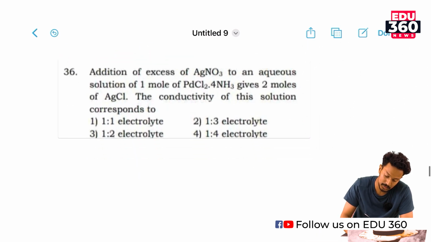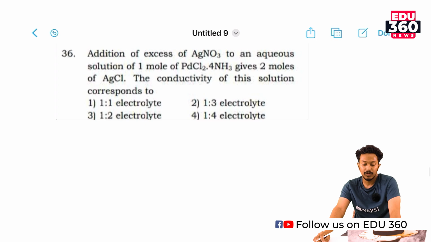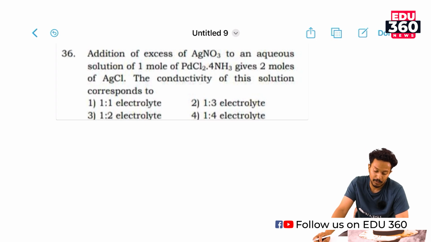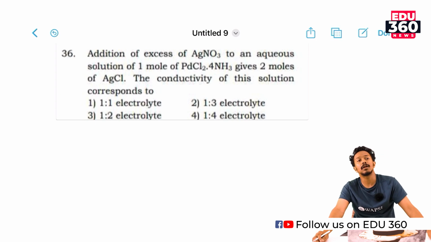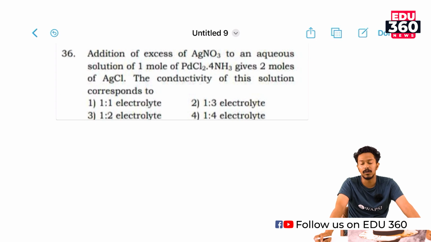Moving on to our next question. Addition of an excess of silver nitrate to an aqueous solution of 1 mole of palladium chloride tetrammine gives 2 moles of silver chloride. The conductivity of the solution corresponds to, actually we have to find out the number of ions in this reaction.